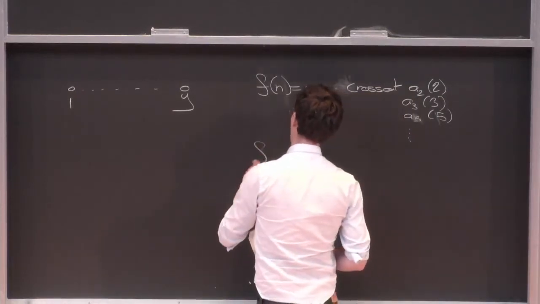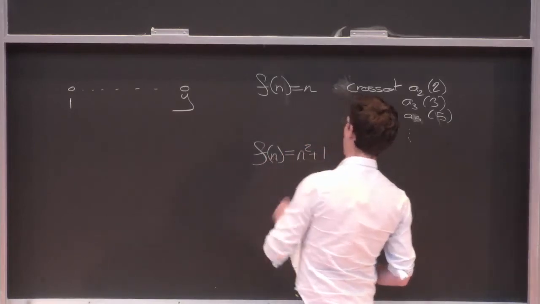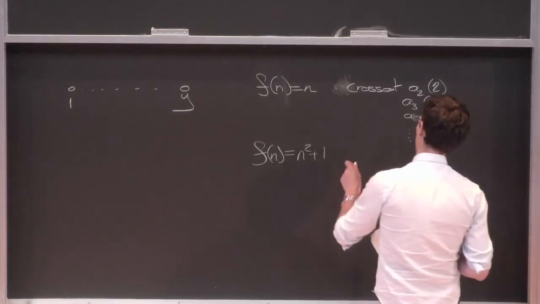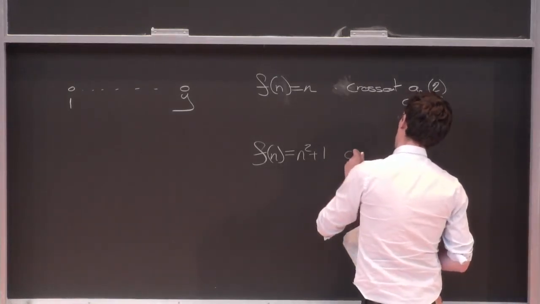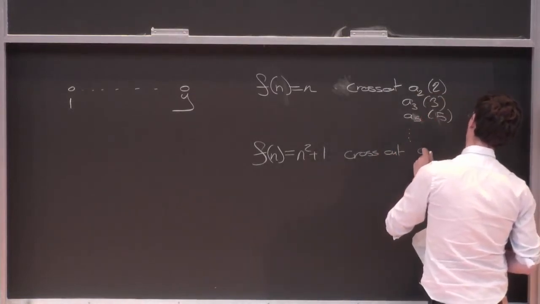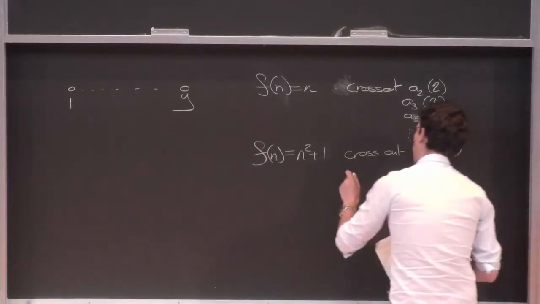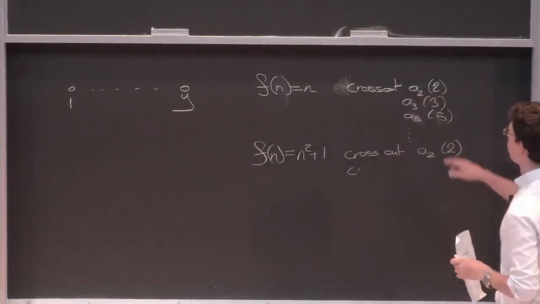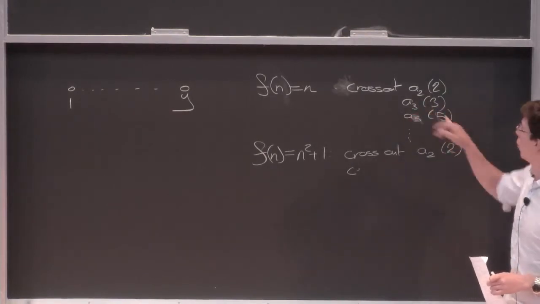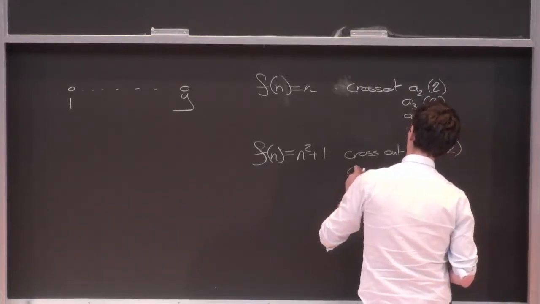If you instead had the polynomial f of n equals n squared plus 1, it's a similar situation, but slightly different. You first cross out everything in the residue class a_2 modulo 2. You then don't cross out anything in residue classes modulo 3, because n squared plus 1 is never a multiple of 3.